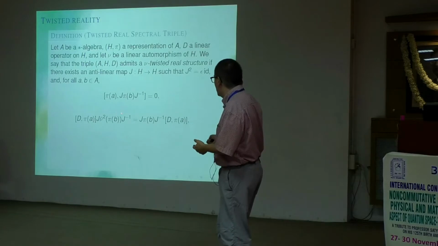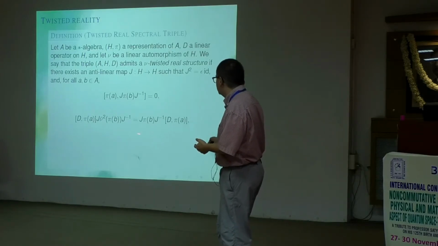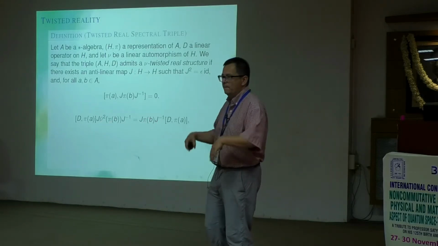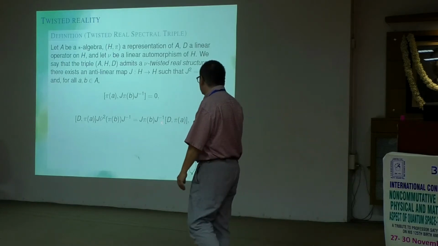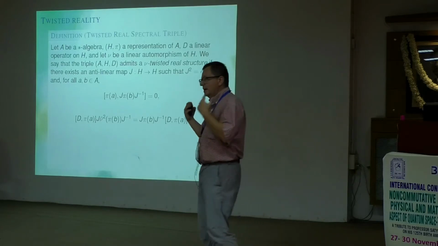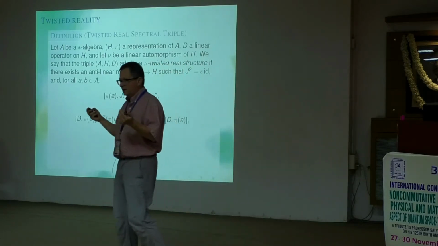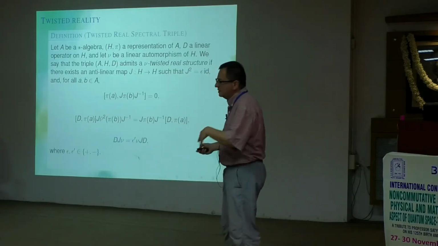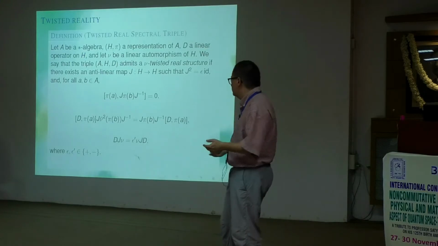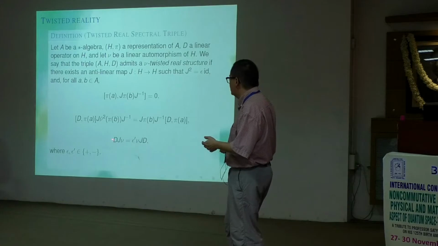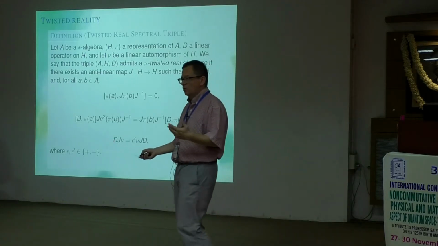So you need to apply those automorphisms. On the right-hand side there's π(b), and here this is this automorphism applied to π(b), and this is in the commutant. This is in the commutant, this is in the commutant, but they are not the same elements. So instead of taking the usual first order condition, you take a twisted first order condition. And there are some other relations that you need to satisfy. For instance, there's a compatibility condition between DJ and this automorphism ν.